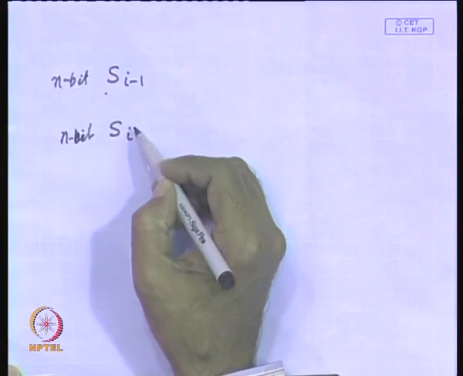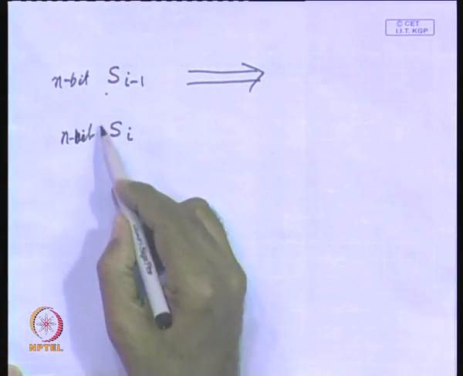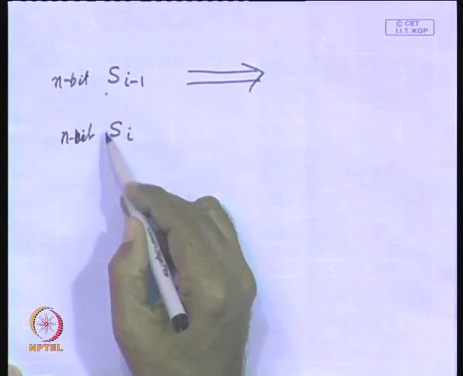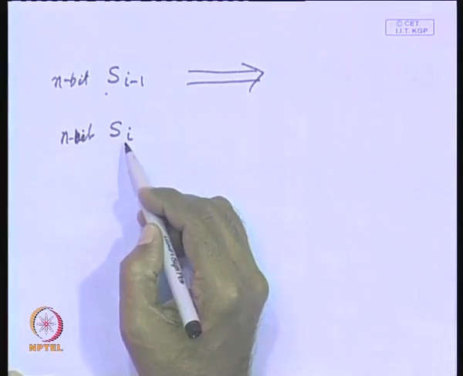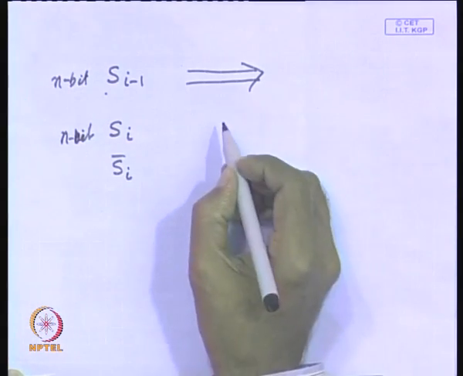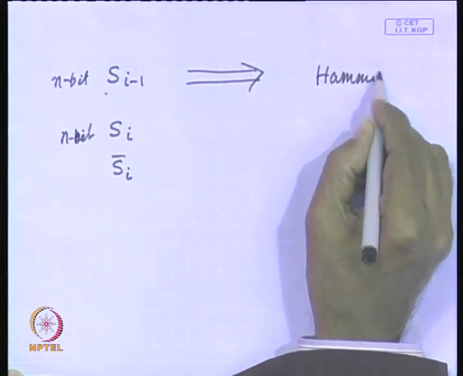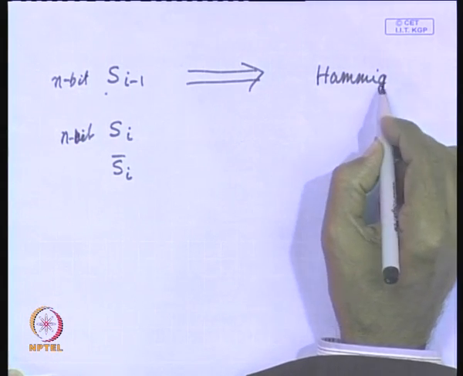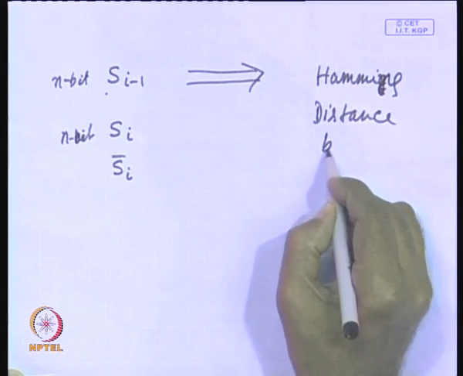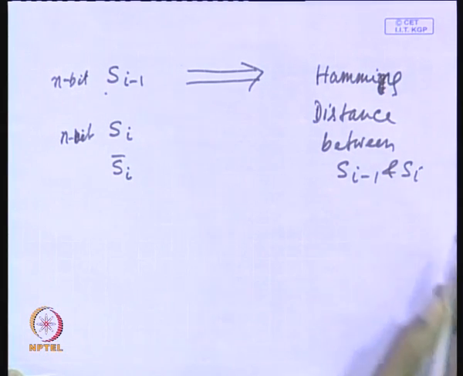And now, this was sent earlier over the bus, let us assume. Now, you have to send SI, and you have got now 2 choices. You may send either SI or you will send SI bar. What you will do, you will find out the Hamming distance between S I minus 1 and SI.